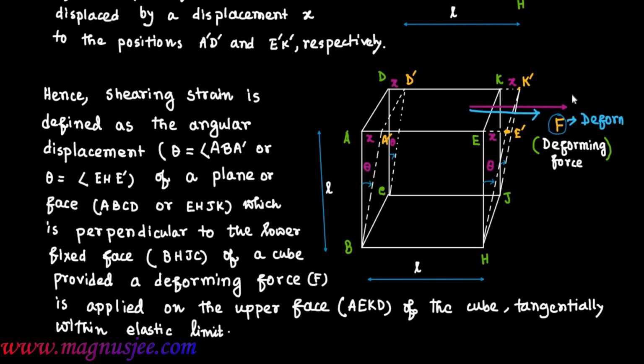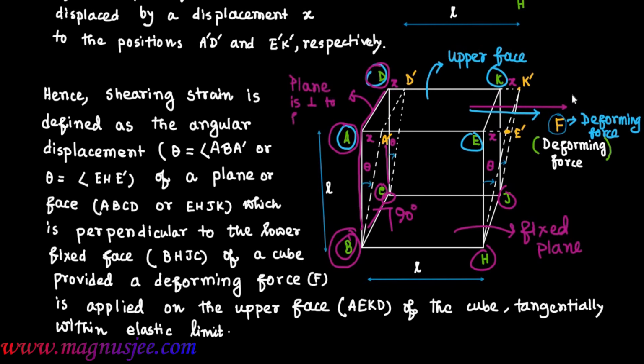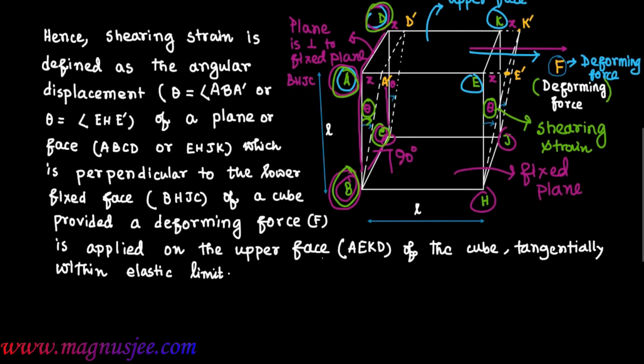In this case, due to application of this deforming force on the upper face AEKD, the plane ABCD, which is perpendicular to the lower fixed plane BHJC, will have angular displacement theta, and this angular displacement theta is the shearing strain.